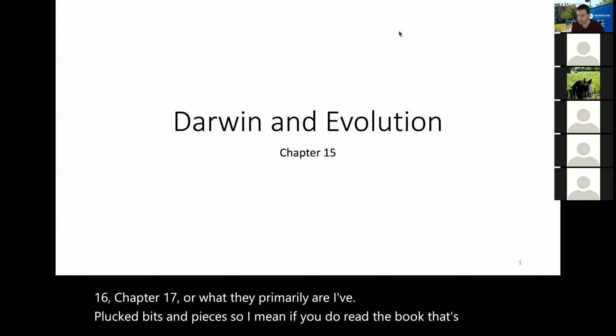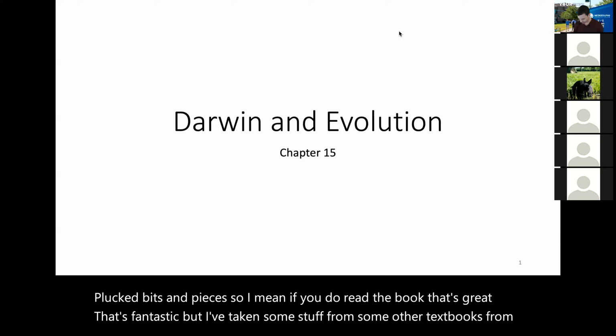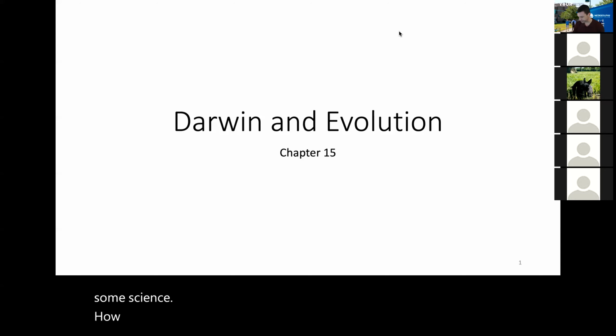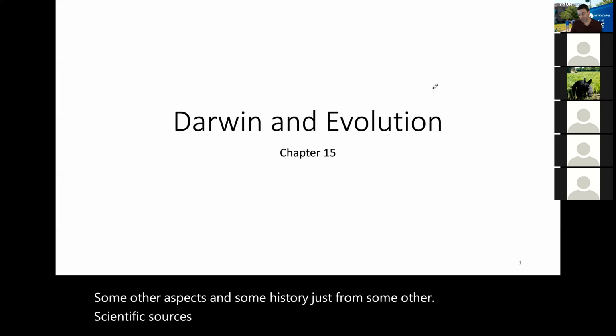It's fantastic. But I've taken some stuff from some other textbooks, from some science, the Smithsonian's website for some other aspects and some history just from some other scientific sources. So if you're just looking at your notes, you're going to get everything that you need out of it.